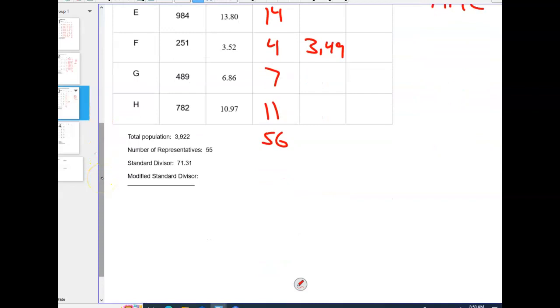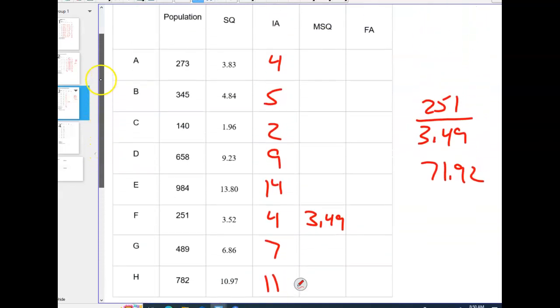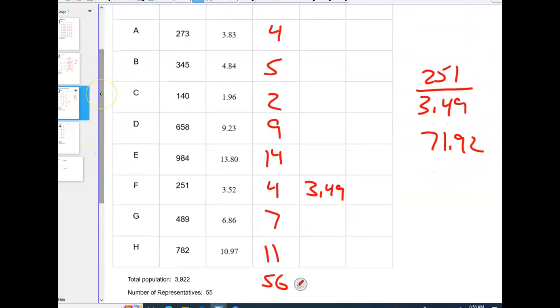Now, anywhere between 71.92 and 72.94 will work. But if I use 71.92, I'm simply going to divide everything by 71.92.